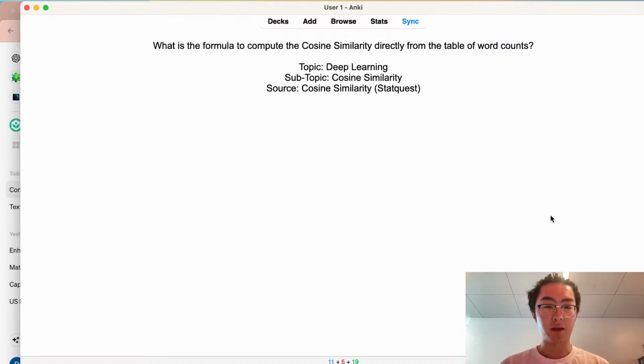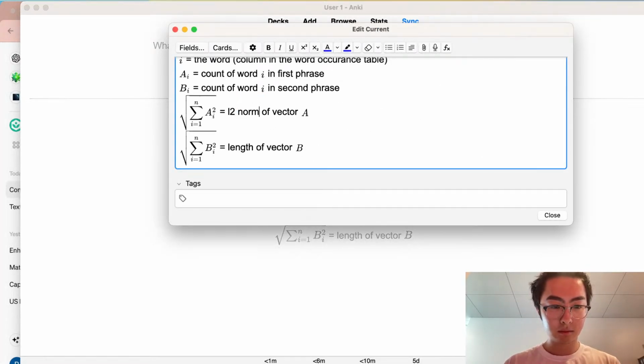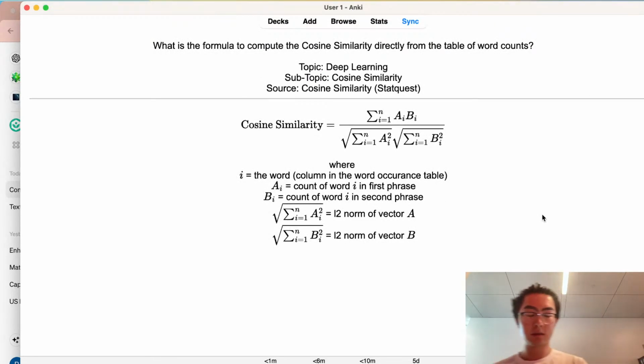So it's just the dot product between the number of occurrences of each word in the phrases, scaled by the length of the vectors, which is the product of the L2 norm of A and the L2 norm of B. Okay, I think that's pretty good.